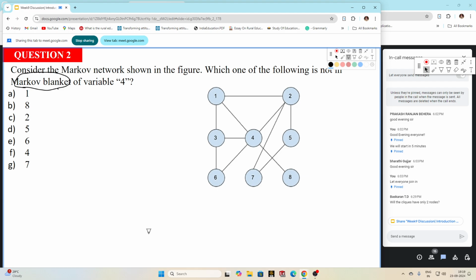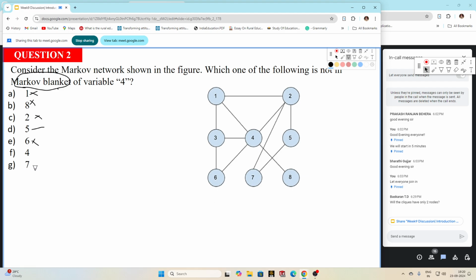It is a very simple question. Sir, 5. Anything else? Only 5? Okay, let me see. 1 is a neighbor of 4, so 1 is in the Markov blanket. 3 is not given in the question. 6 is in the blanket, 2 is in the blanket, 8 is in the blanket. 7 is also not in the Markov blanket, right?